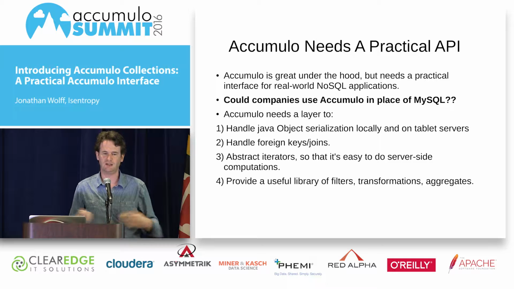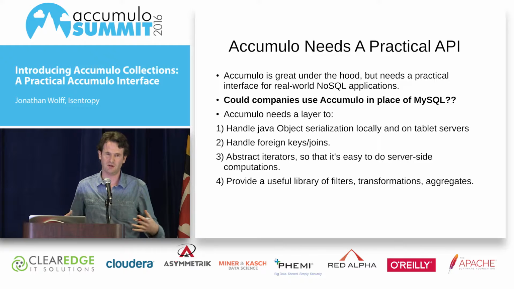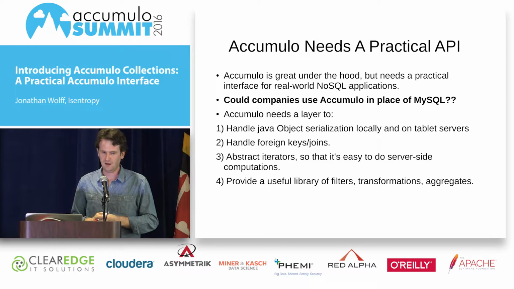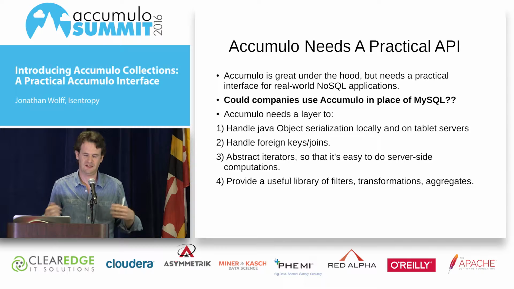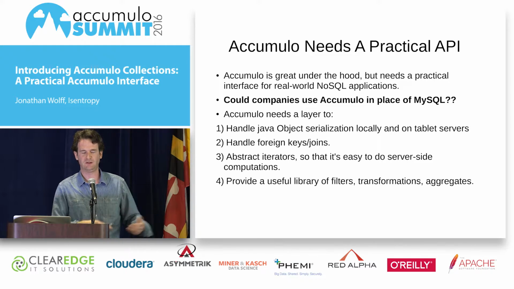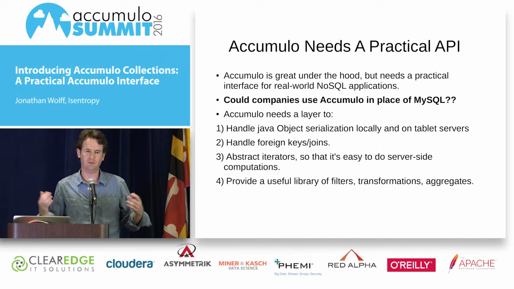It doesn't really understand the contents of the bytes, so it needs layers to handle serialization, so it can interpret Java objects, and handle foreign keys. Joins is another thing, so that you can easily join to other tables. And then the main thing is the abstraction of iterators. I think it's really hard for people to get up to speed with writing iterators, and there should be sort of simple abstract classes you can extend to write iterators on Java objects rather than bytes.